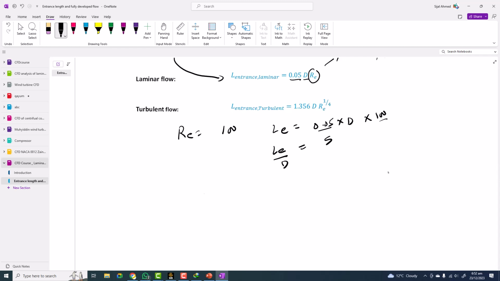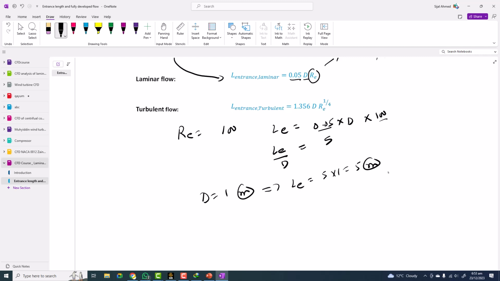Now let's assume diameter is equal to 1 meter. This will give us the entrance length equal to 5 into 1, which is 5 meters, if the units are in meters. But what I found is that these empirical formulas have a lot of deviation for different cases.